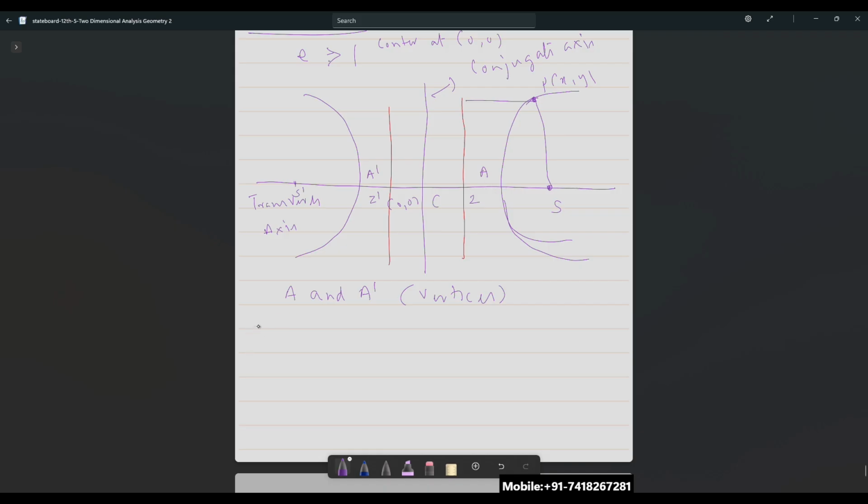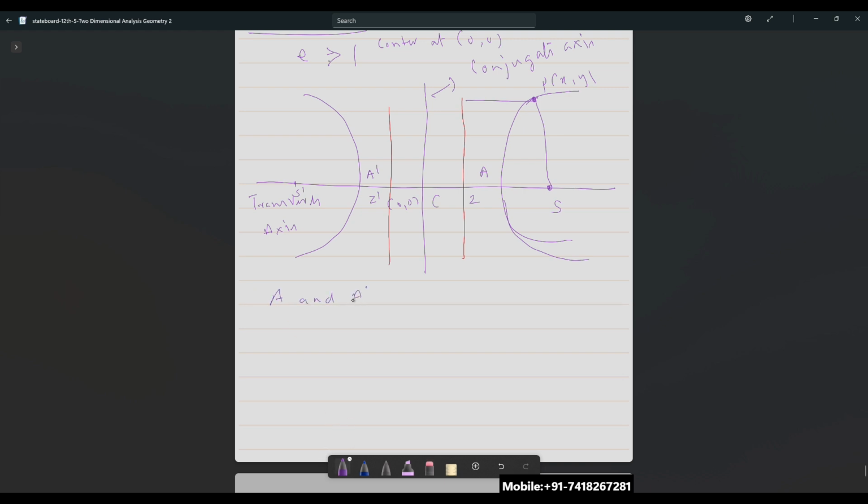So now we'll consider point A and A dash.